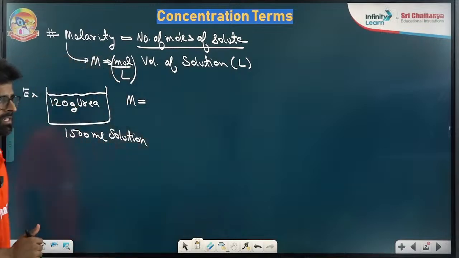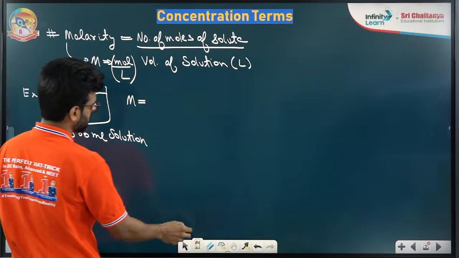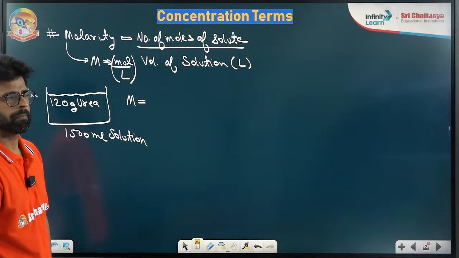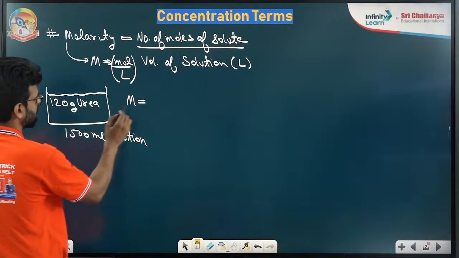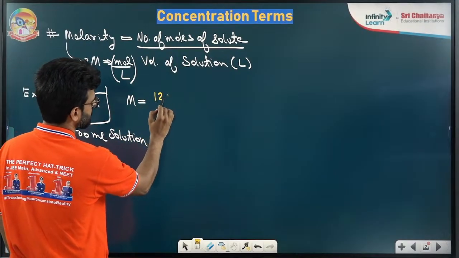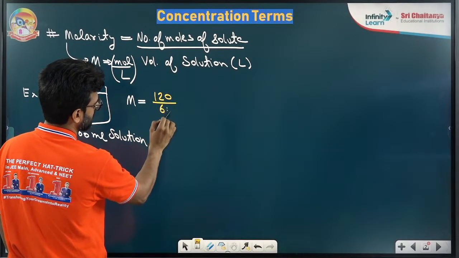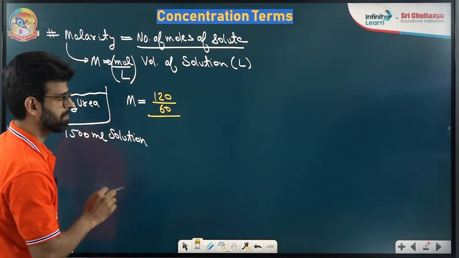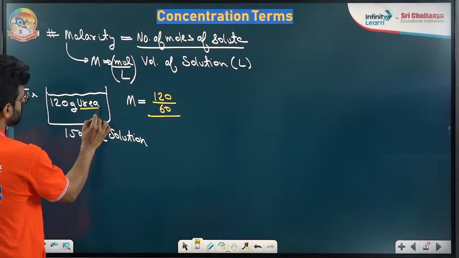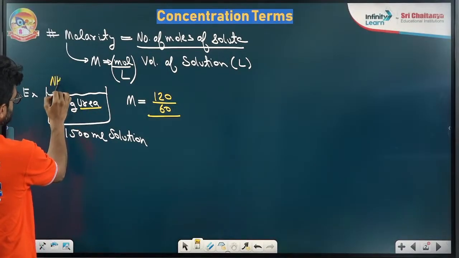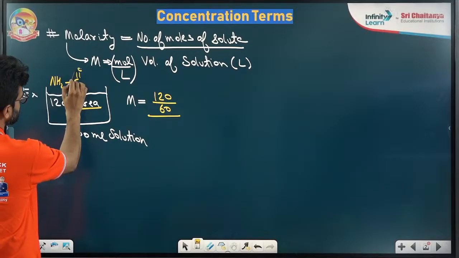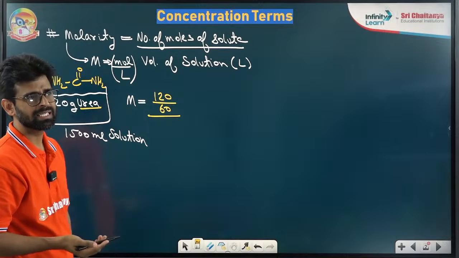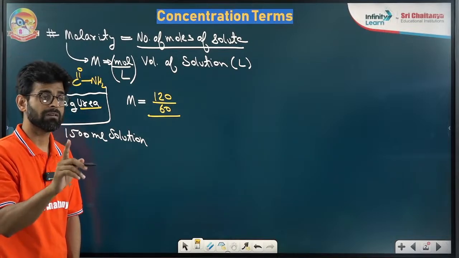Very easy. You can find the moles of solute, that is urea, and then give the answer. 120 gram urea, so 120 divided by 60. If you find the molar weight of urea, it is 60 gram per mole. 1 mole of urea has a weight of 60 gram.